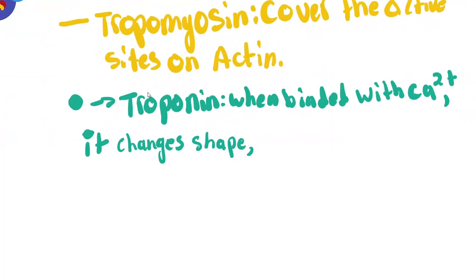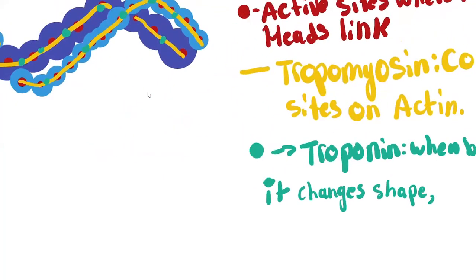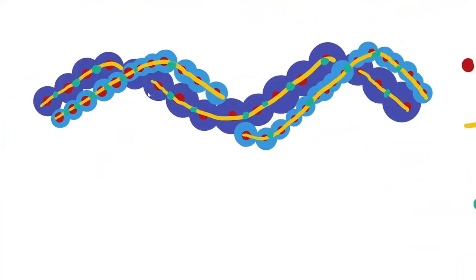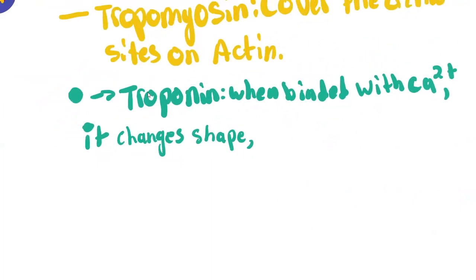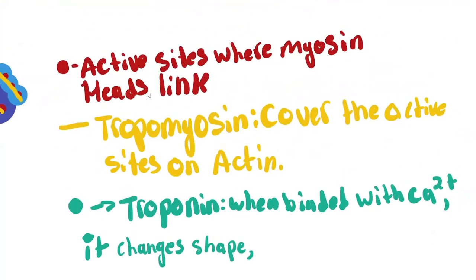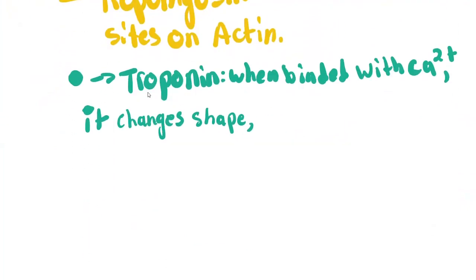And in the act of changing shape, it moves the tropomyosin, exposing the active sites on the actin filament.